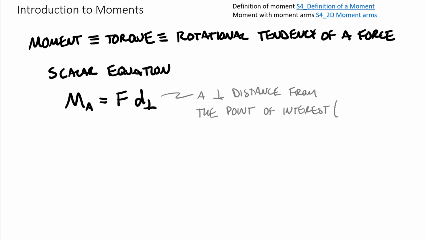So we're talking about point A to the line of action of the force. Let's abbreviate line of action LOA, line of action of the force. So if you're able to find a perpendicular distance, this is a very simple computation.